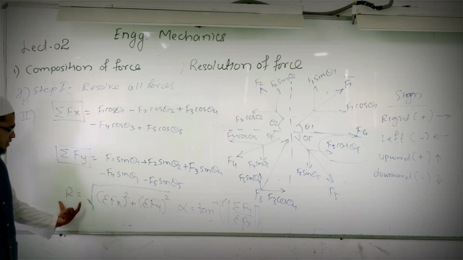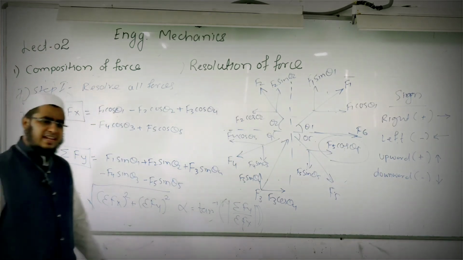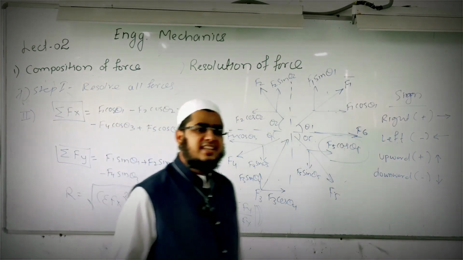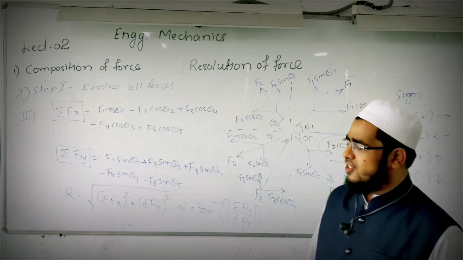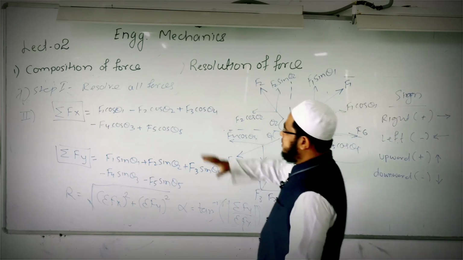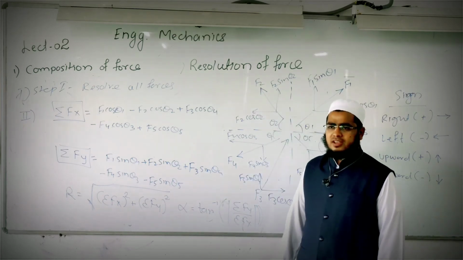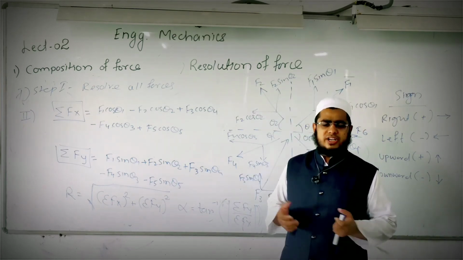Now, the given force system, with the help of this formula, is converted into a single force, and that single force is called the resultant of the force system. I will repeat the steps. The first step is to resolve all inclined forces in the given force system into horizontal and vertical components.